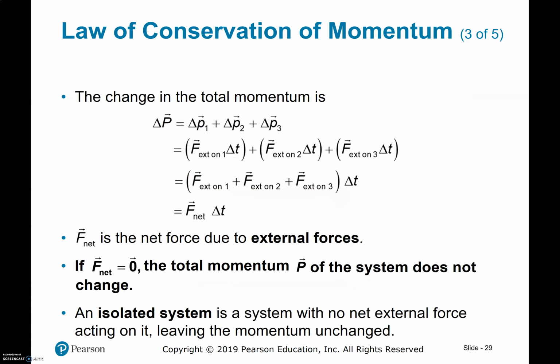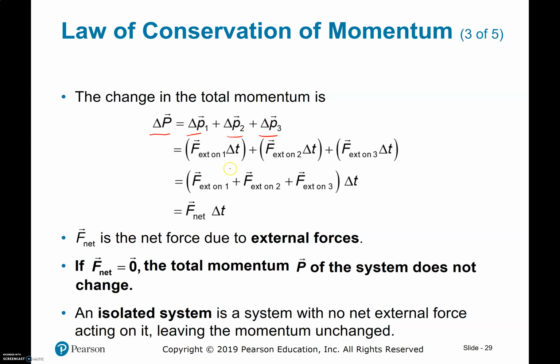So let's look at how to write the conservation of momentum. We have the total momentum, and we can define the change in total momentum, delta P, which is the change on particle 1 plus the change on particle 2 plus the change on particle 3.